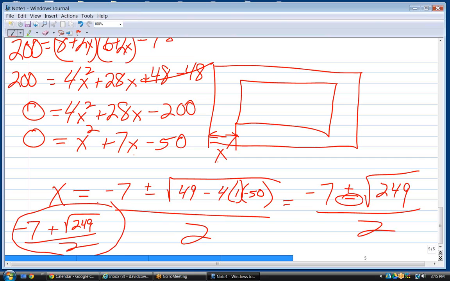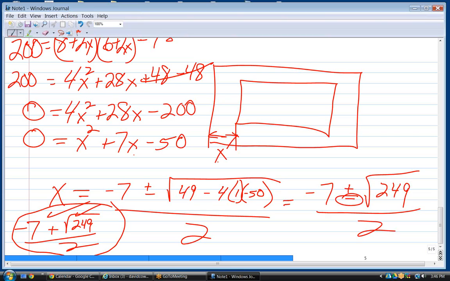That is x. Okay? And you could actually give the answer like that. That's actually a better answer than if you convert this to some decimal that's going to be an approximation. But it looks to be about 11.